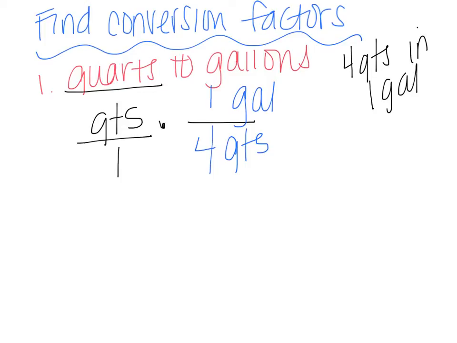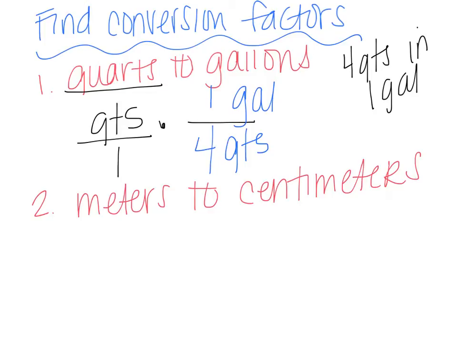So let's try another one. Let's try going from meters to centimeters. Again, you're going to start off with what you know, which is meters, so we can represent that with an M. And we're going to multiply that by a ratio. Since we want to go from meters to centimeters, we're going to put centimeters in our numerator and meters in our denominator.